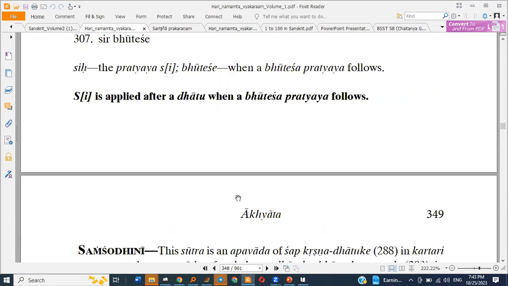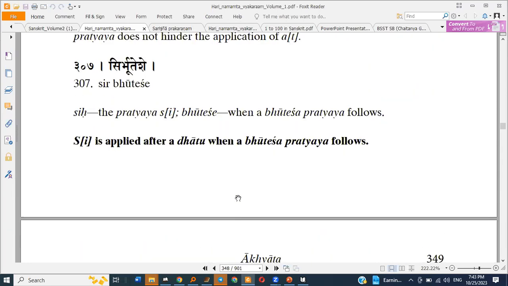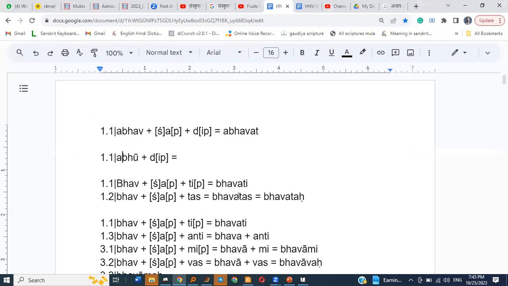Then Sir Bhutesha. This C is inserted after a dhatu when a Bhutesha pratyaya follows. So after a dhatu, we insert C because a Bhutesha pratyaya is following.